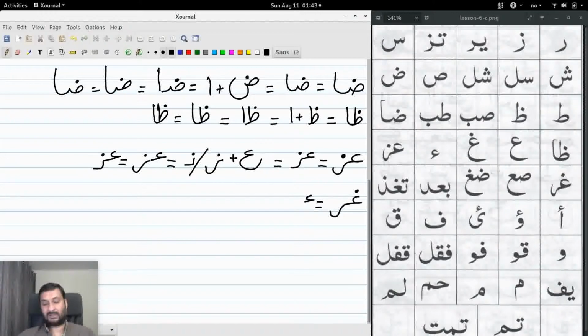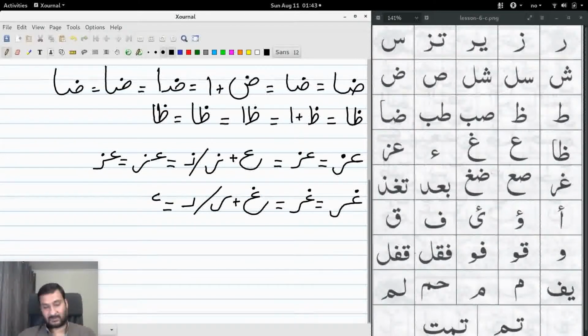First, I'll write its other form, which you can use, Ghain Ra, and it's made up of the letters Ghain and Ra. First this form of Ra, and then this Ra. Ghain Ra.